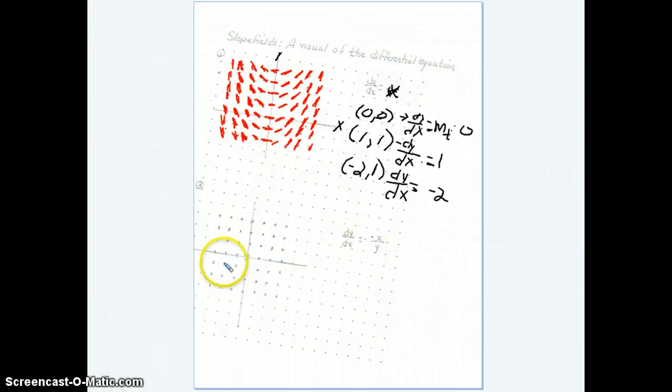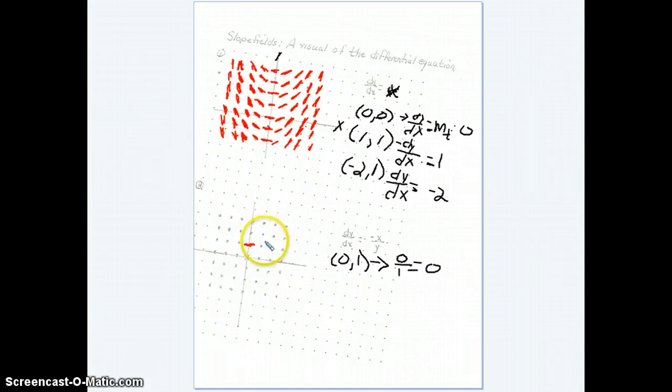So let's pick (0, 1). If I pick (0, 1), then I know my slope is the opposite of the x, which is still 0, over 1, and that's 0. So I know that on the point (0, 1), I'm going to get a little horizontal tangent.